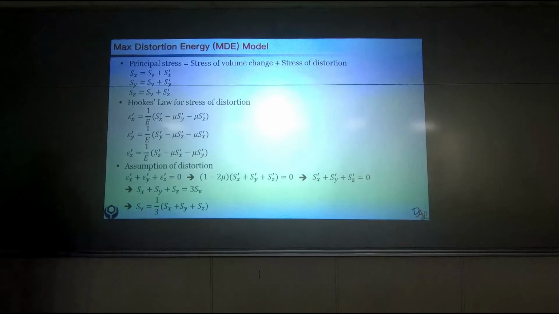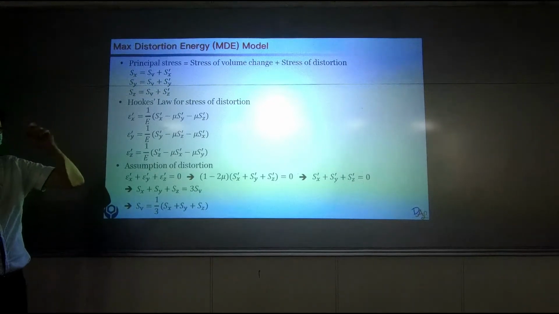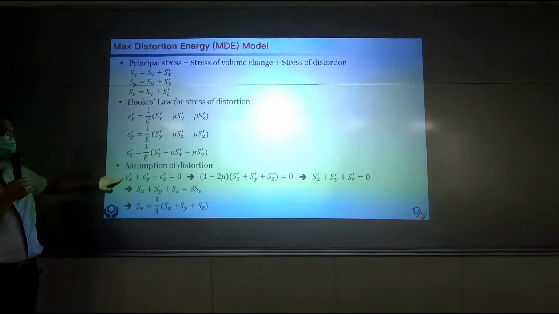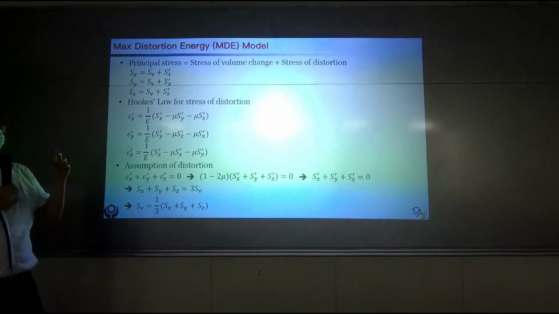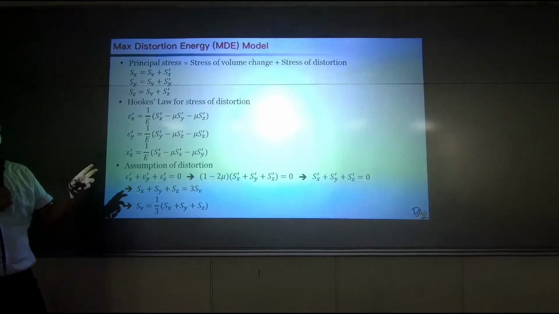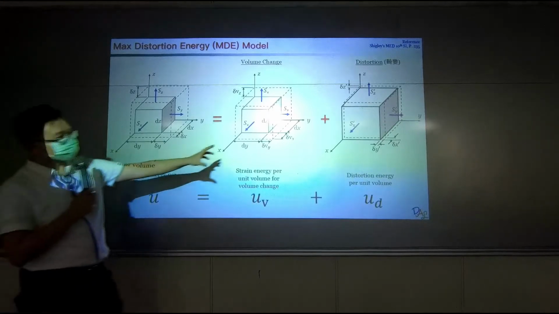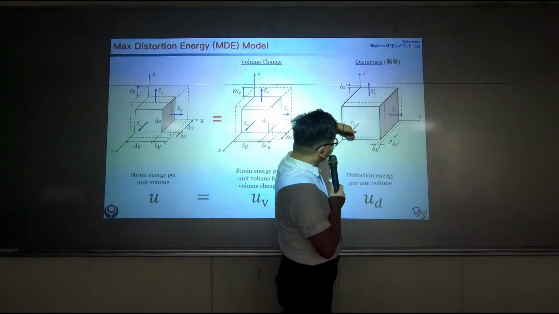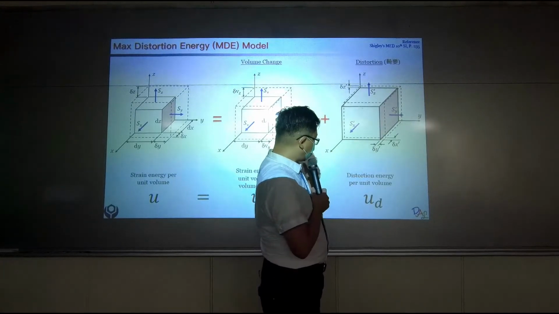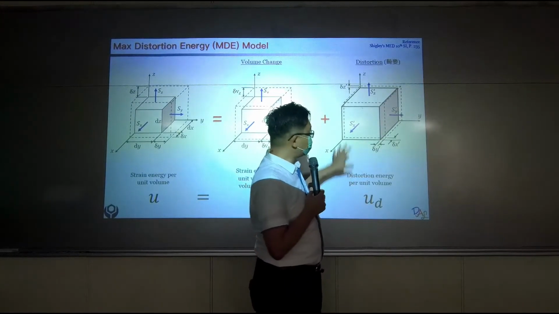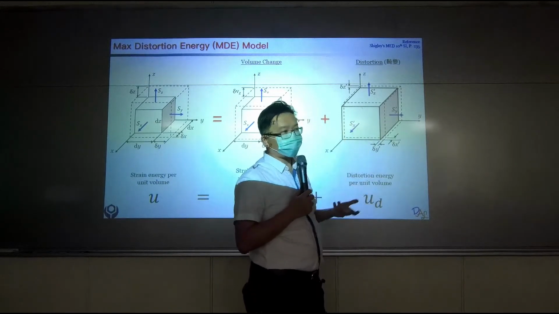I'm not going to go through this again, but there are some assumptions. One of the most important assumptions is this one. This is the strain in each direction of the distortion part here. If you have stress to perform distortion on this figure, if you have strain, then you must have stress.